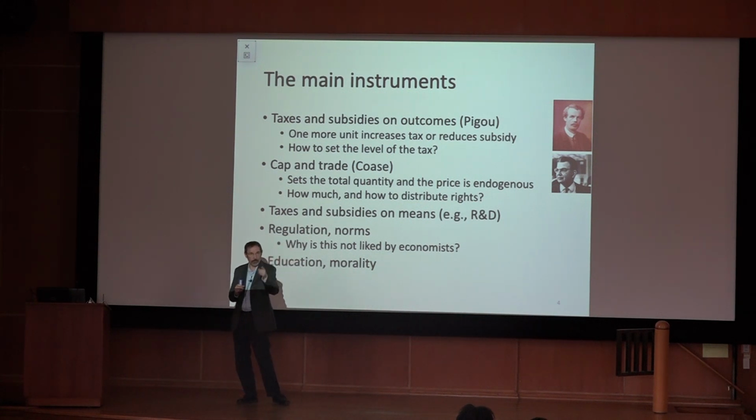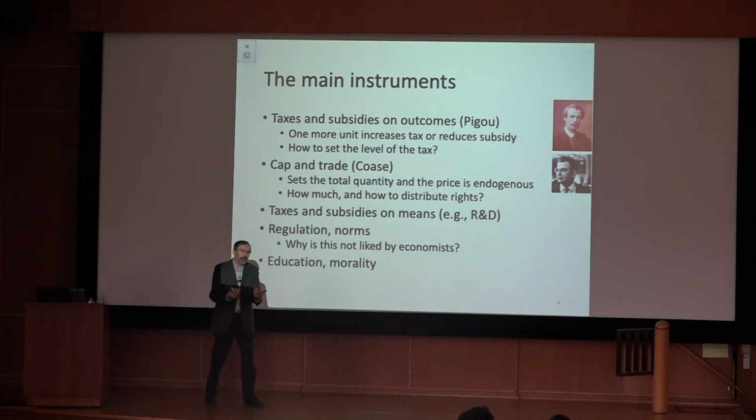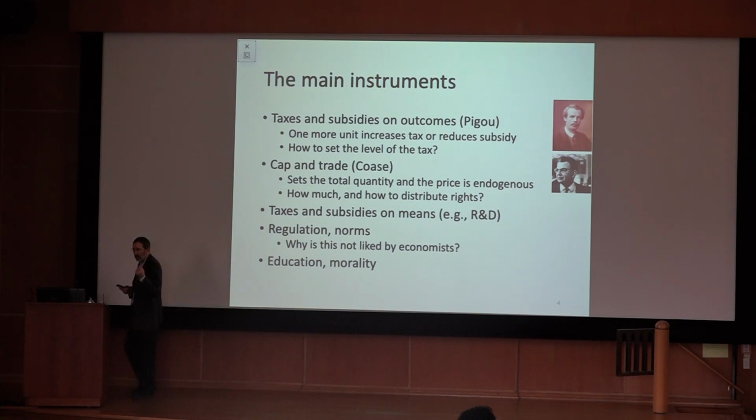Whereas if you say it's forbidden to do that, then people feel a bit more restrained in their attitude. So there is a behavioral issue here. What's more effective may depend on how people view these things, and there is an expressive value in these policies. That's why the last item here is education and moral education. Moral injunctions can play a role in people's behavior in addition to incentive mechanisms.